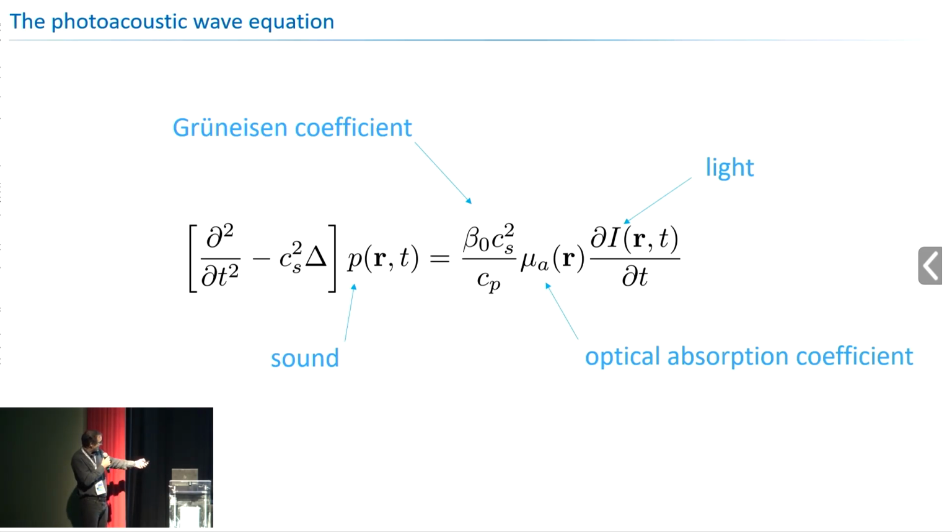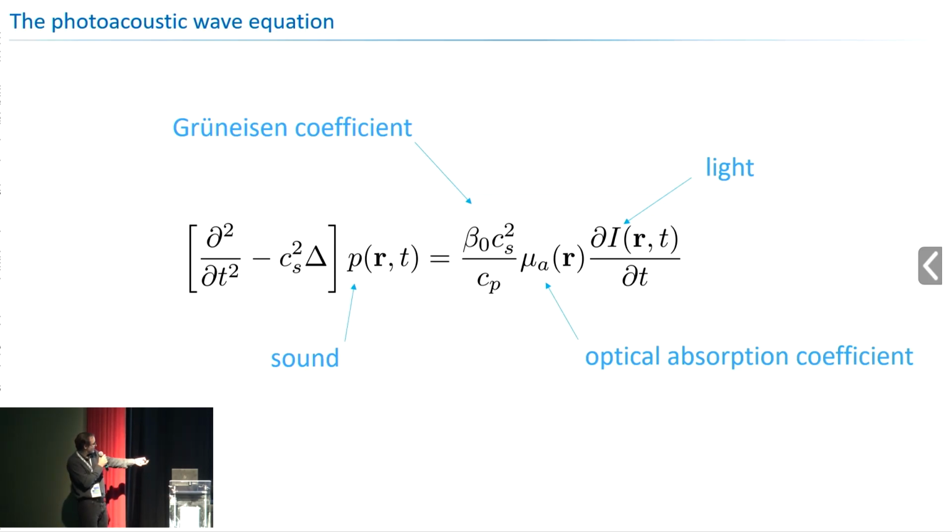Now the second term tells you that there are source terms, things that create acoustic waves, anytime this term is non-zero. In this term, you have two things. You have the absorption of light, the optical absorption coefficient, and you need light intensity varying in time.